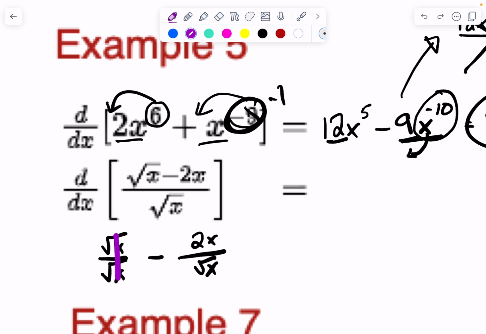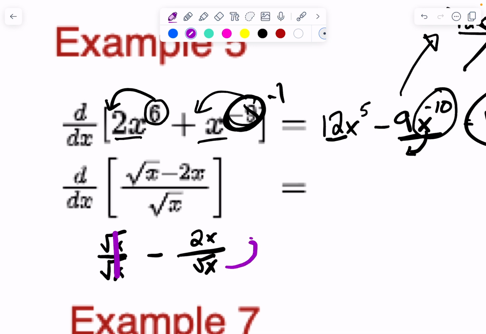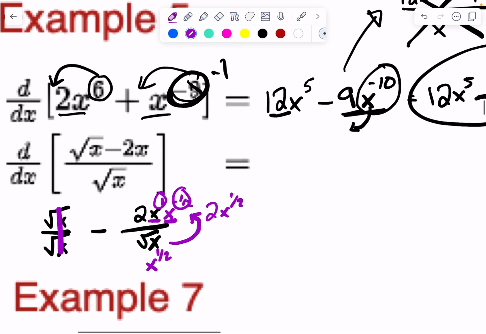So let's take this x and write it as x to the 1/2 power, because that's what the square root of x is. If I move it to the top, it is x to the negative 1/2 power. And when I try to combine it with this x, I add the exponents: x to the 1st power, x to the negative 1/2 power. When I add those exponents together, I get 2x to the 1/2 power. Now what I'm looking at is 1 minus 2x to the 1/2 power, and I'm taking the derivative.